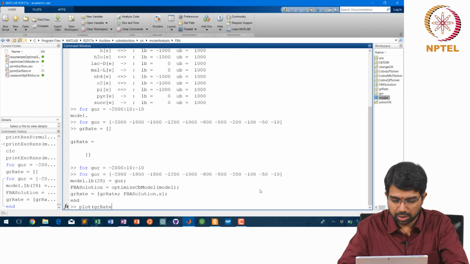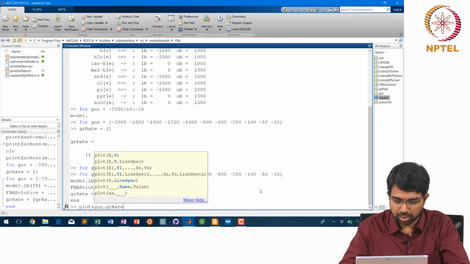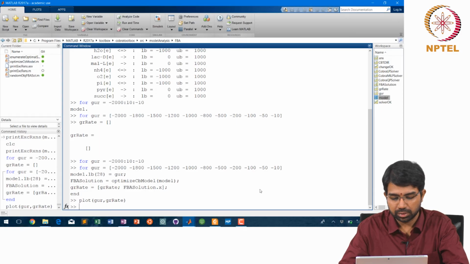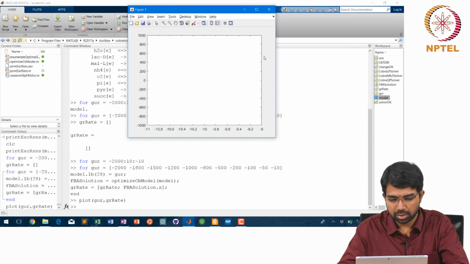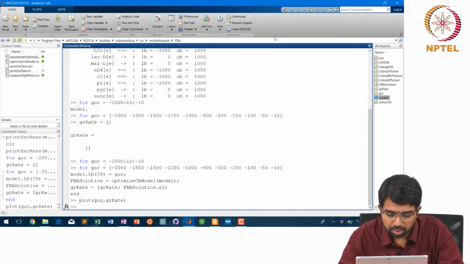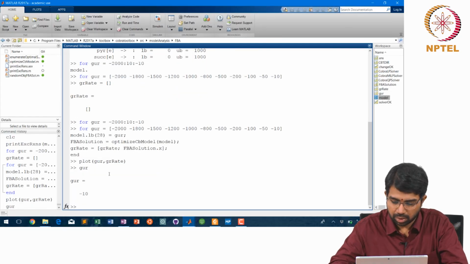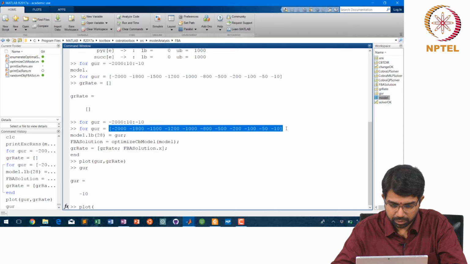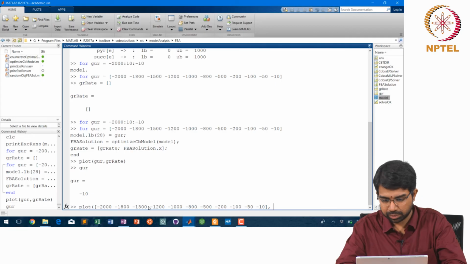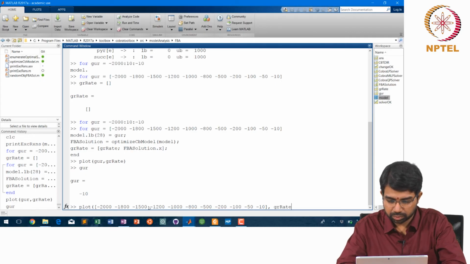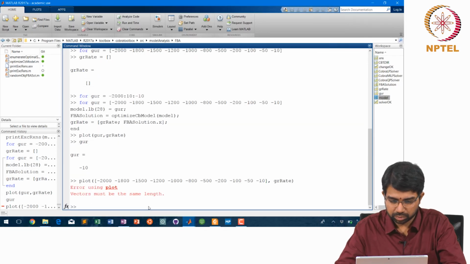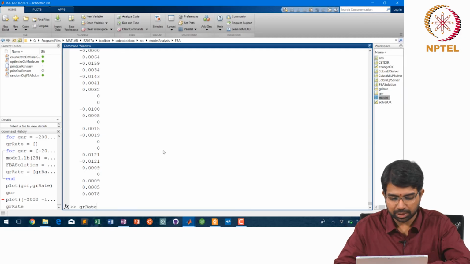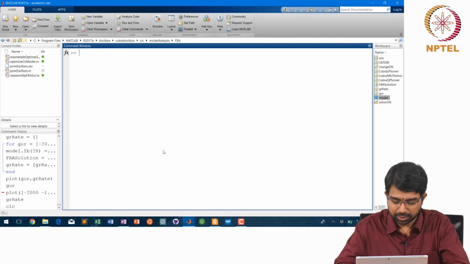Now, plot growth rate. I made a mistake: it should not be x, it should be f, because FBA solution is a structure. Yeah.